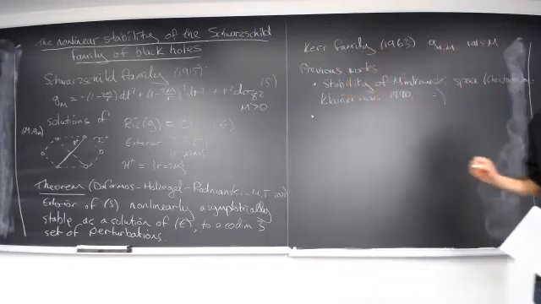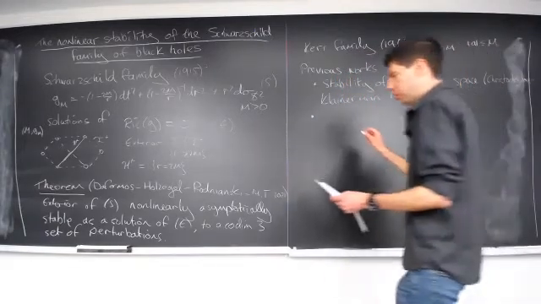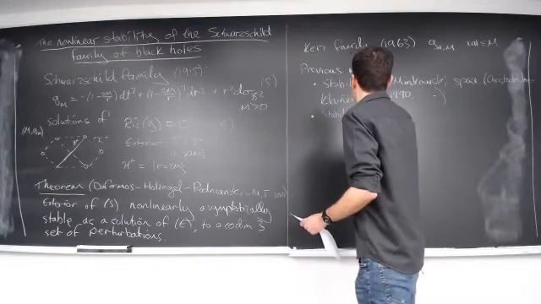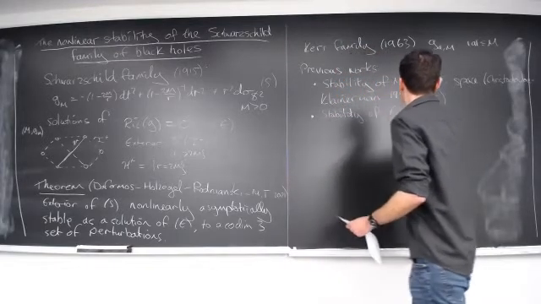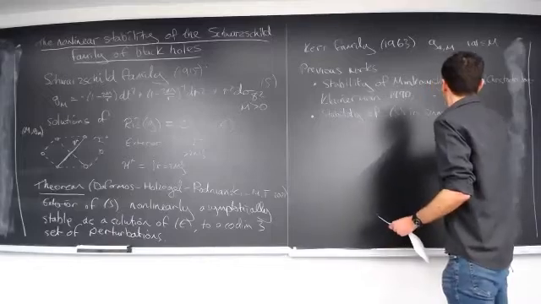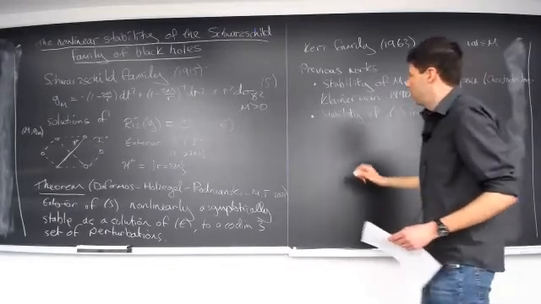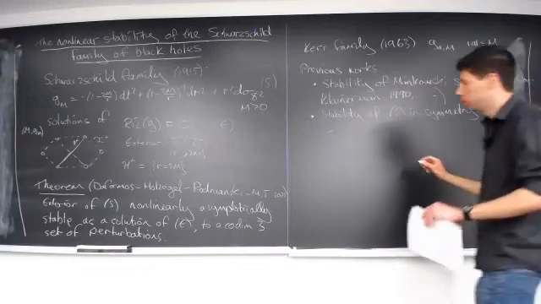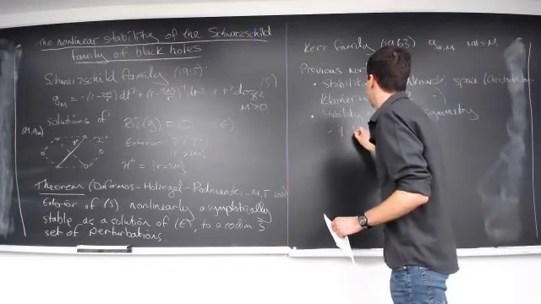Stability of Schwarzschild has been studied in symmetry classes. So by far the simplest symmetry classes are those which reduce it to a 1+1 dimensional problem.